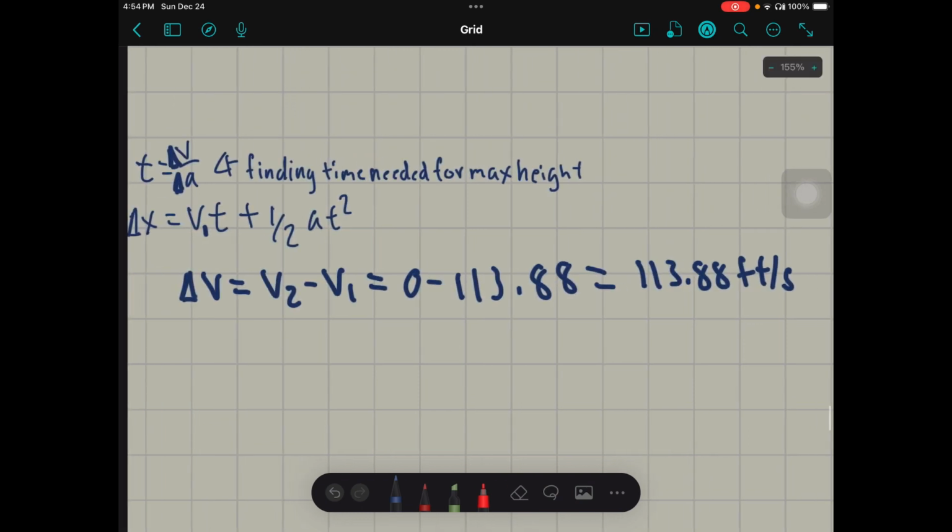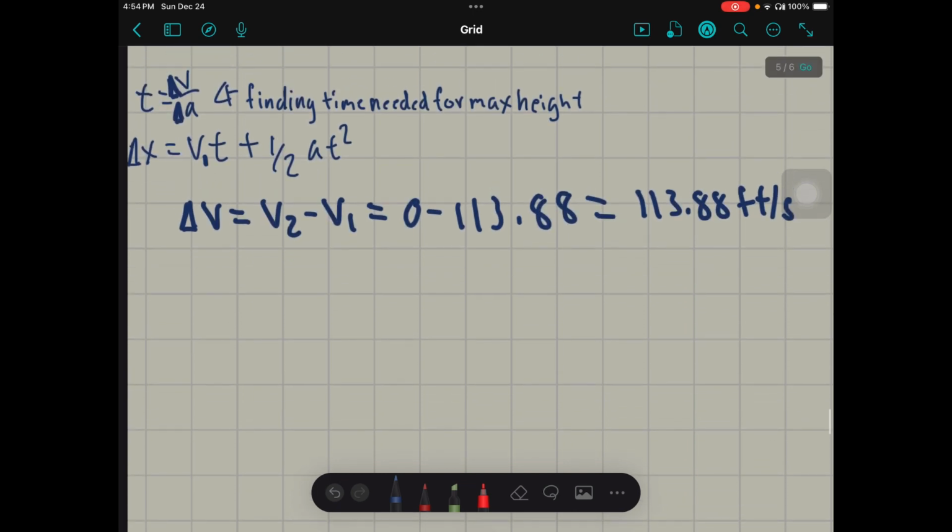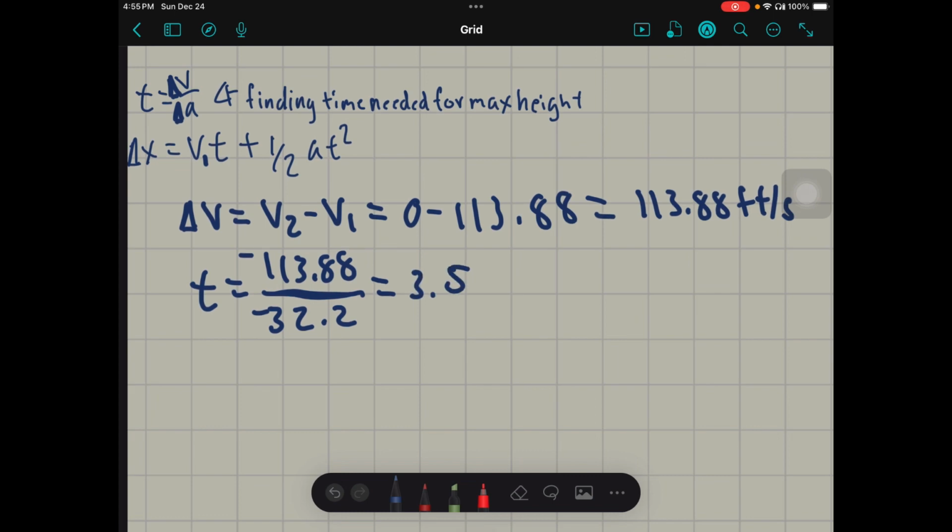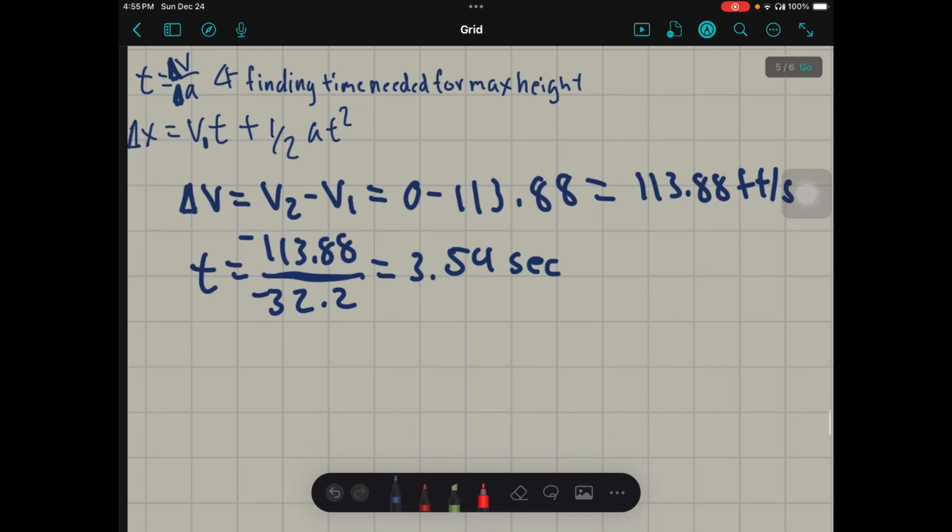Our acceleration isn't changing since it's constant, so we can just divide by acceleration. So our time is going to equal 113.88 divided by 32.2, and both of these are negative. That's going to give us 3.54 seconds. Okay, so we got our time, right?